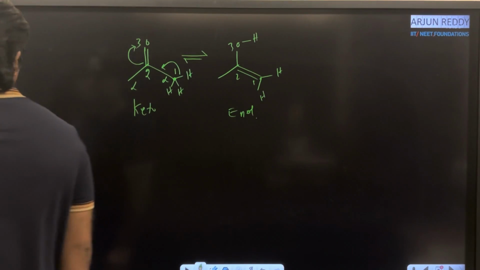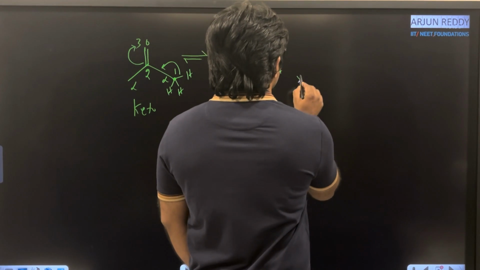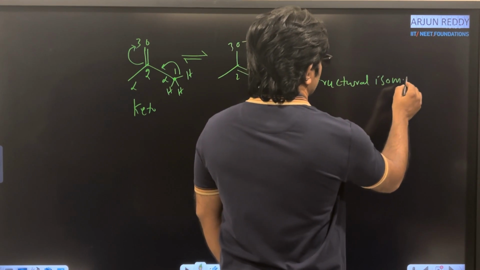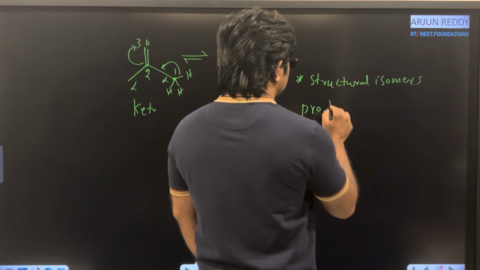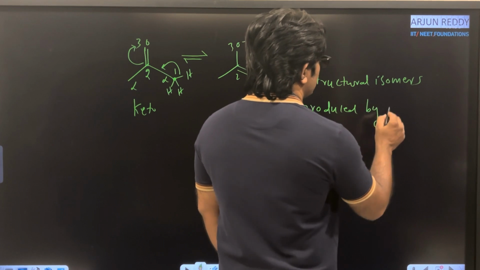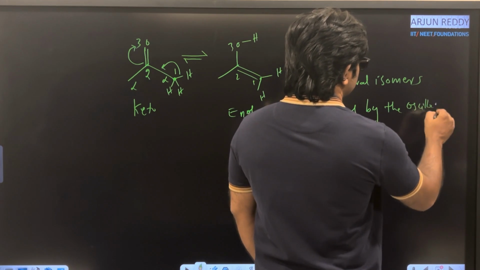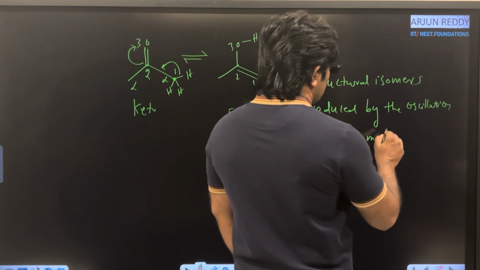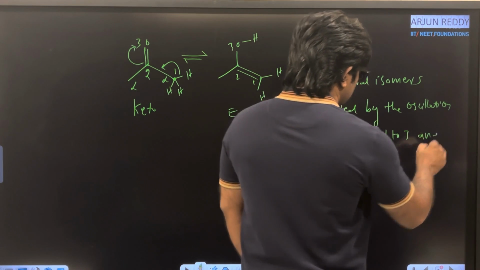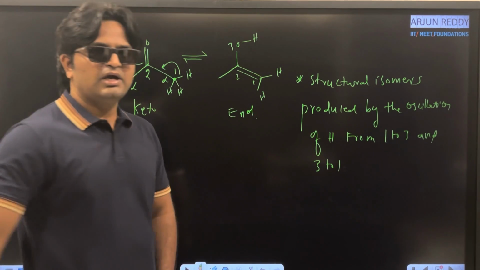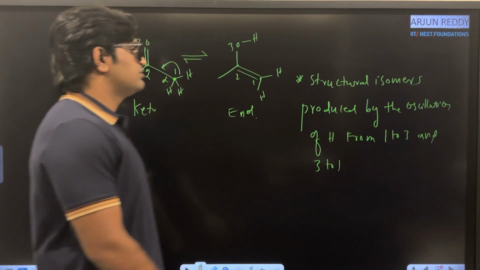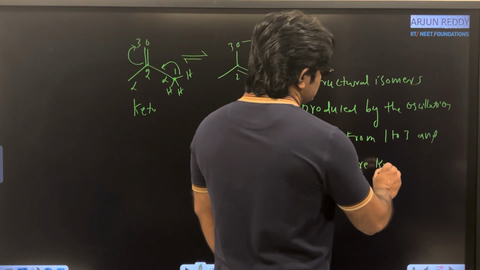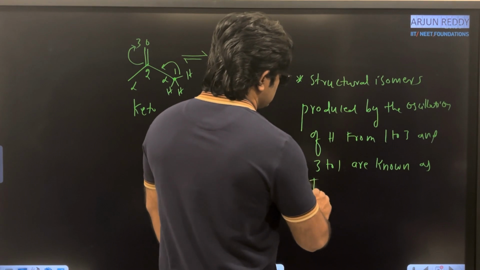So we can write the definition like this. Write the same point: structural isomers produced by the oscillation of hydrogen from 1 to 3 and 3 to 1 are known as tautomers.